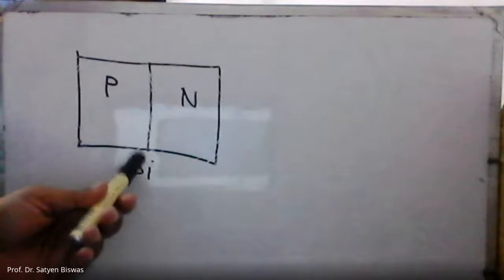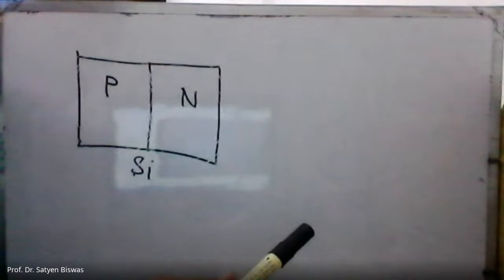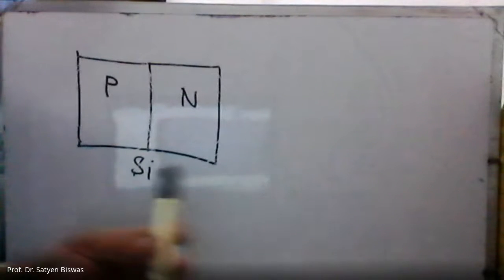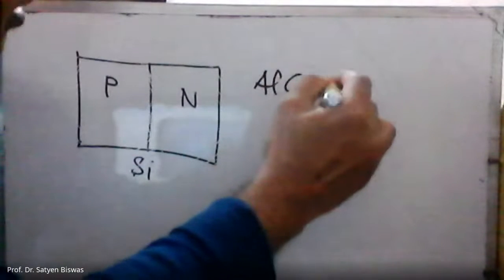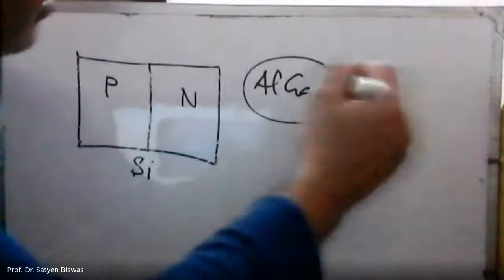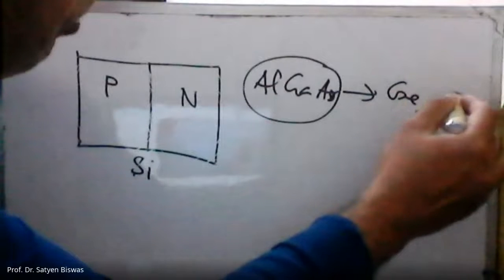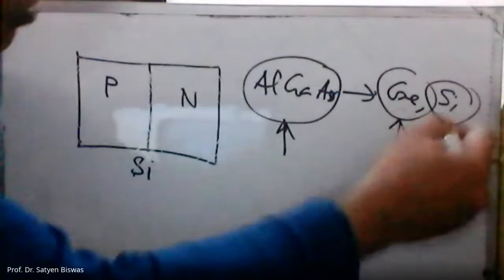Those three different materials actually form one compound, but it acts like a single material. This is aluminum, gallium, and arsenide. It works just like only aluminum or silicon. One of the atoms from here acts just like one of the atoms from here.